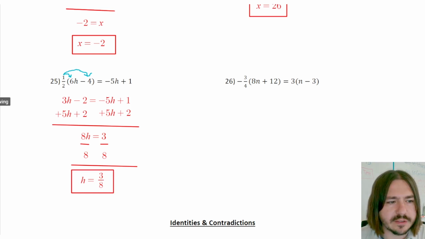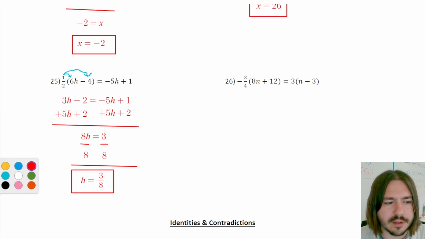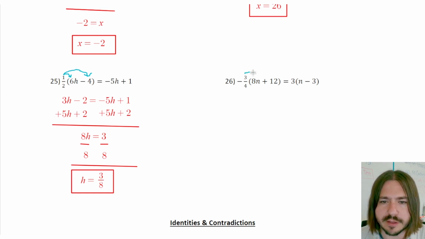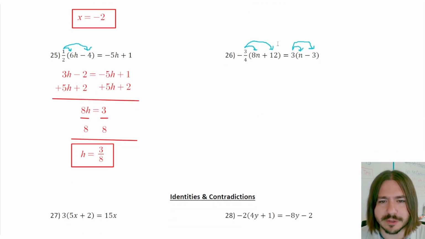For number 26, we've got a nice little distributive property on both sides here. So I need to multiply negative 3/4 to both of these numbers. And I might break out the calculator there just because I'm multiplying by negative 3/4, and I don't want to leave this arithmetic up to chance that I'm going to mess up something mentally.